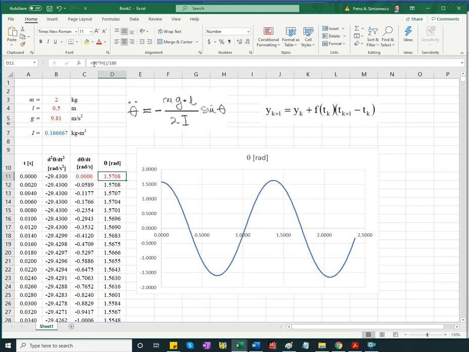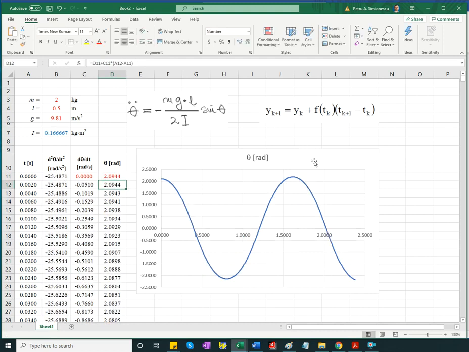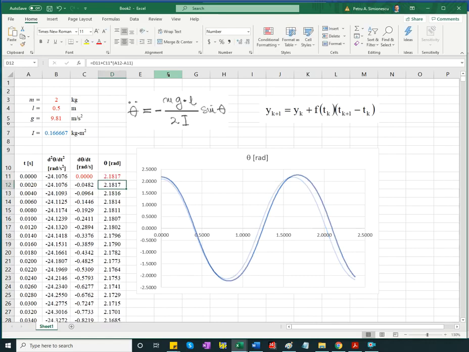But now if I change it, for example, it starts from 120, 120 times pi over 180.